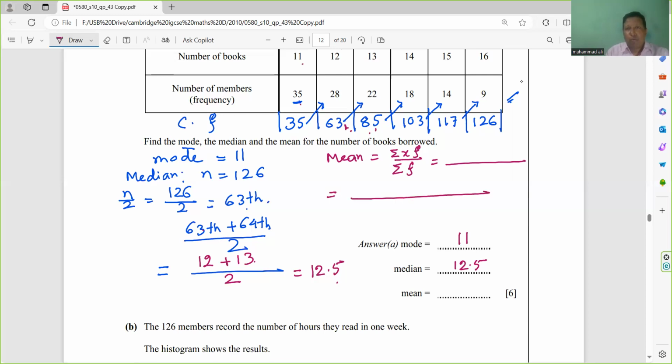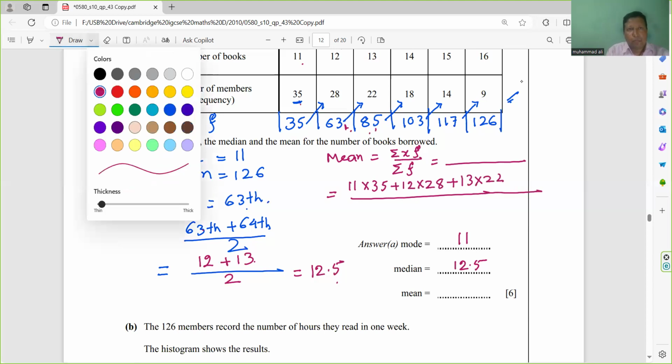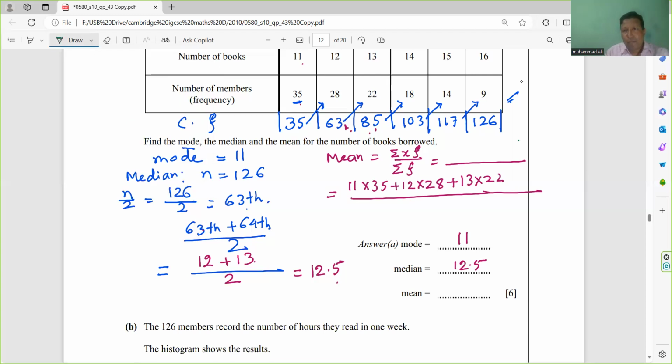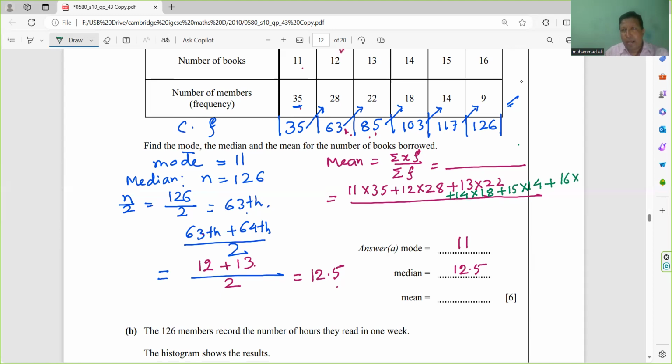Number of books multiply frequency, that means 11 multiply 35 plus 12 multiply 28 plus 13 multiply 22 plus 14 multiply 18 plus 15 multiply 14 plus 16 multiply 9, divided by total frequency.